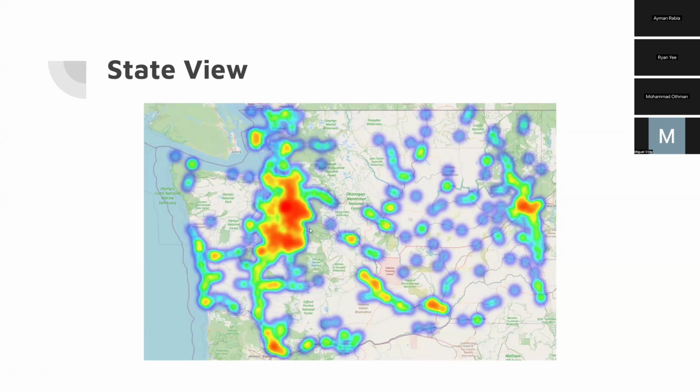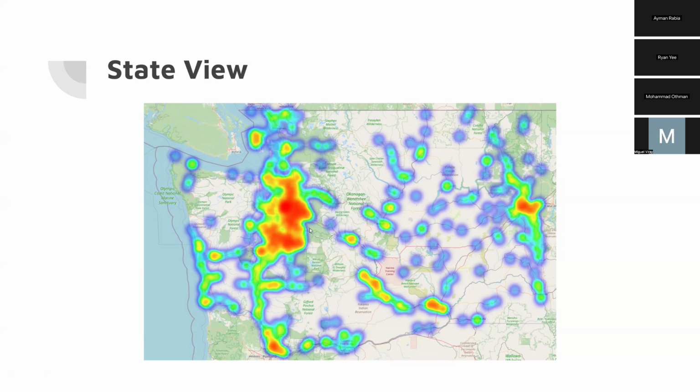We can see most of the vehicles are going to be in the darker red areas. We can see in the northeastern part of Washington is a very dense area of electric vehicles, and there's also a dense area on the eastern side, and on the south side. This is an interactive map that was created with the Folium Python library.